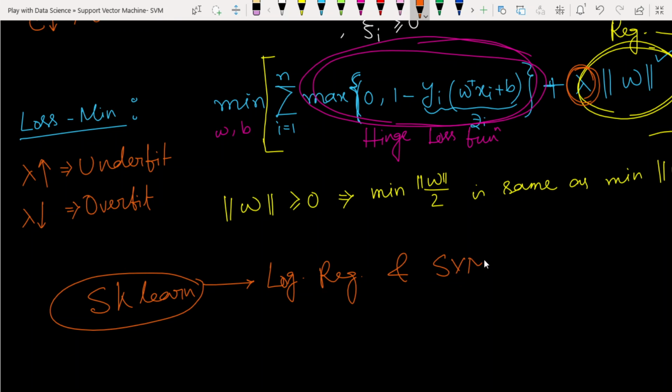For both cases we have taken the hyperparameter C, because C is simply 1 by lambda. Both are the same thing. Only we have taken C here.